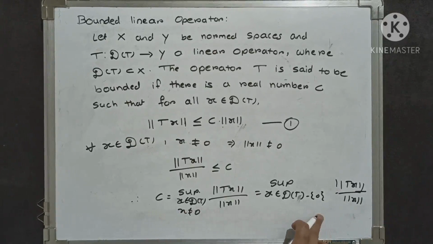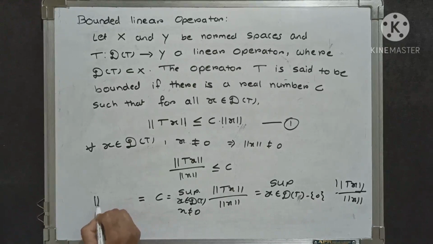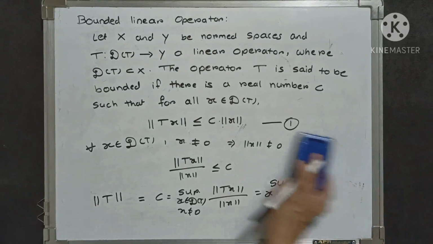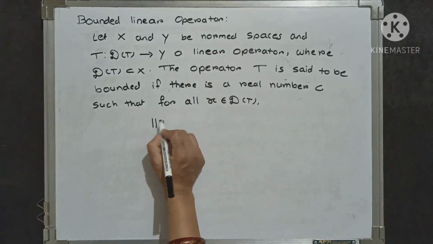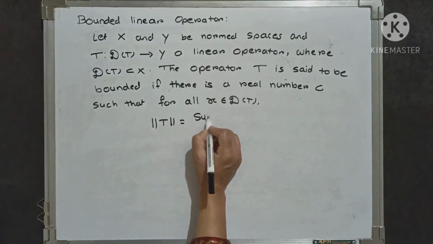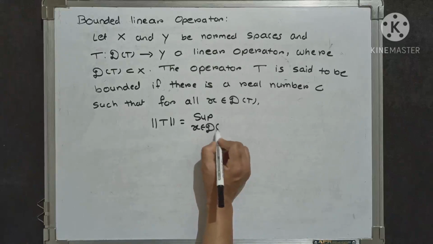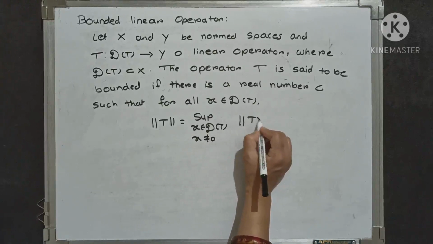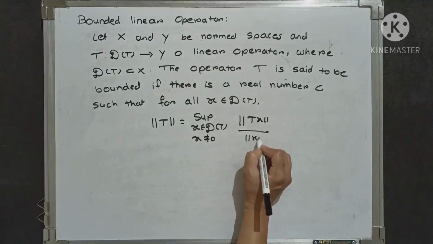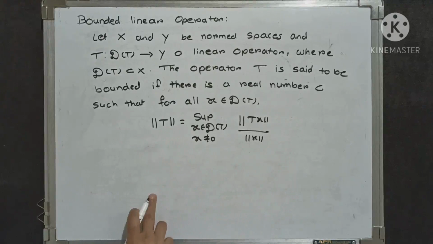And this is the value of C. Now this term is also written as norm of T, and this is called the norm of the operator capital T. Therefore we write that norm of T is equal to the supremum over x belongs to D(T), x not equal to 0, of norm of Tx divided by norm of x, that is the norm of T.